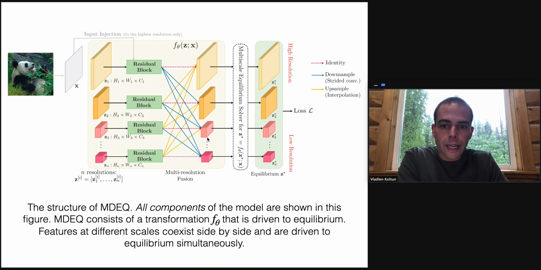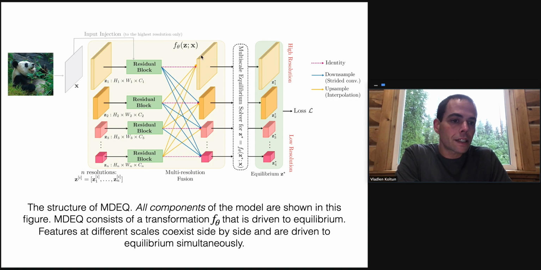These feature tensors at the different resolutions exist side by side, simultaneously, and the equilibrium condition is that the feature tensor at each resolution, after this processing, after the residual block and mixing in information from the other resolutions, is the same that it was at input to the Mdeck layer.